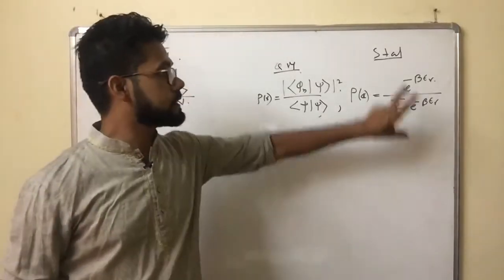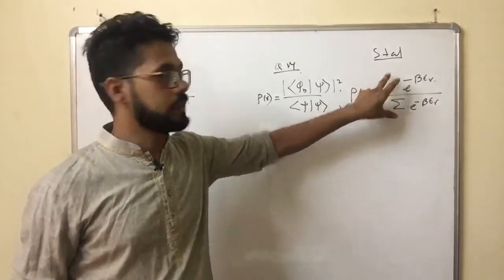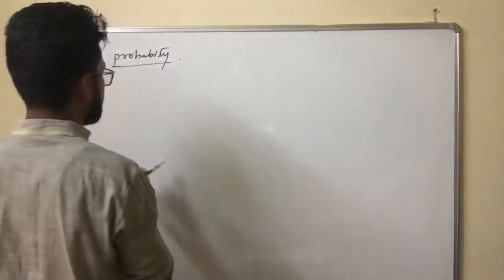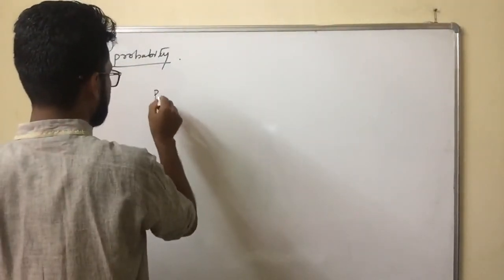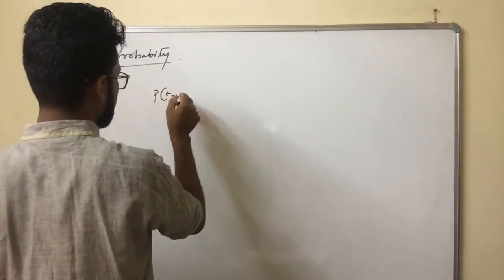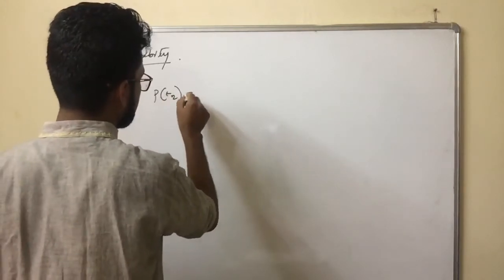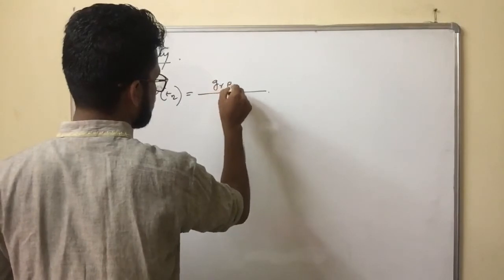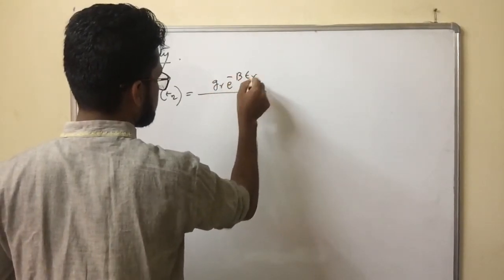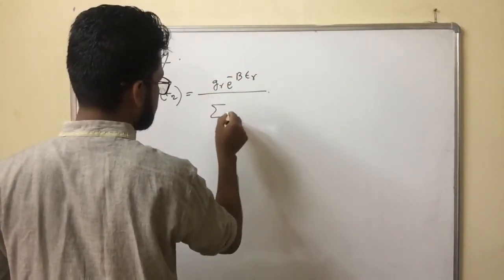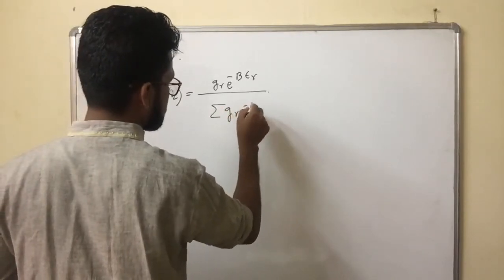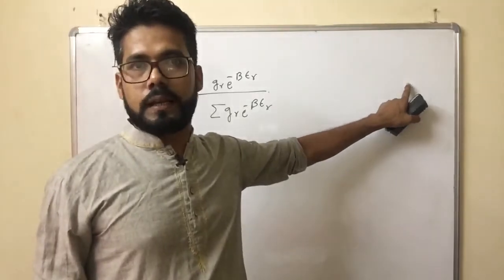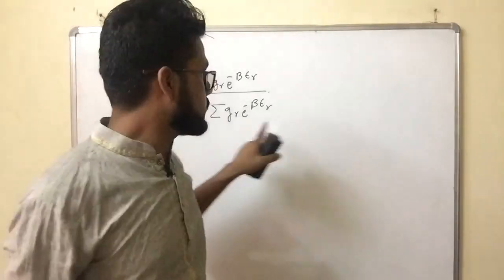So I will discuss this part first. What do you mean by that? The probability P of E_n, or you can write n also, no problem. This formula is normally g_r e to the power minus beta E_r over the sum of g_r e to the power minus beta E_r. But in the previous formula I have shown you, I have not put g_r. g_r is the degeneracy factor.